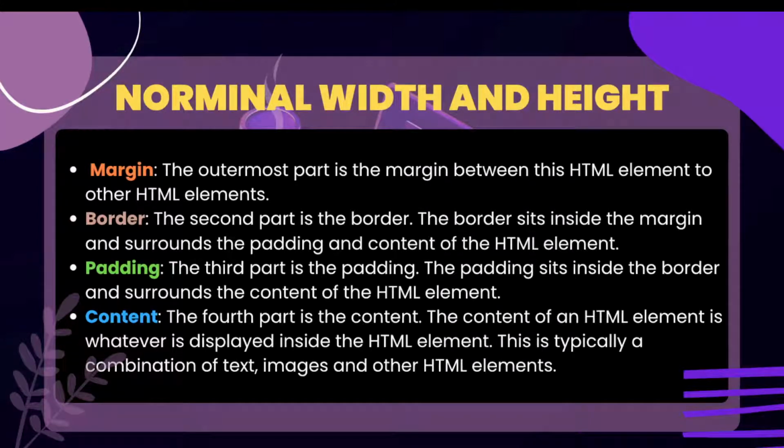Or should we just calculate the actual content width and height as our width and height? So the nominal width is you calculating the width and height without factoring in the margin, padding, and all of those things. But your actual content width puts all of those things into consideration. I don't know if that makes sense to you guys.